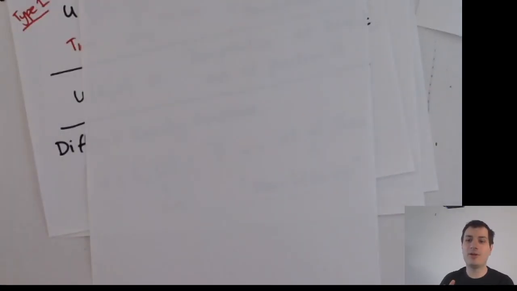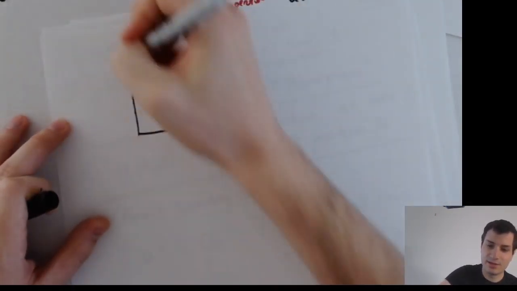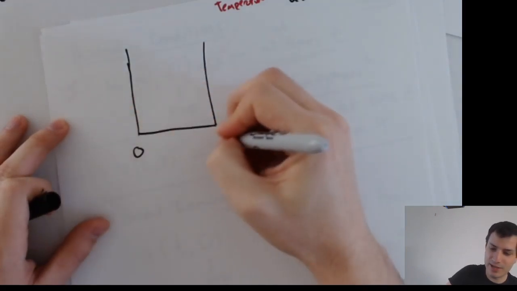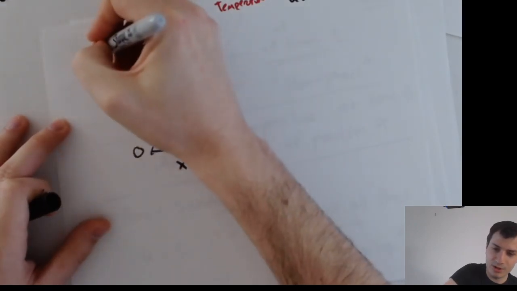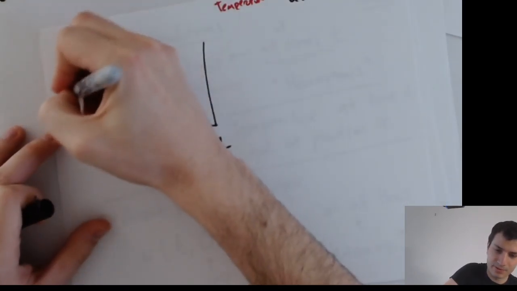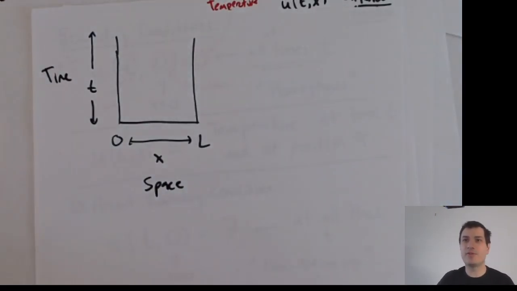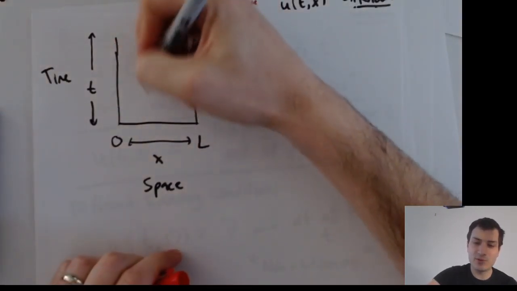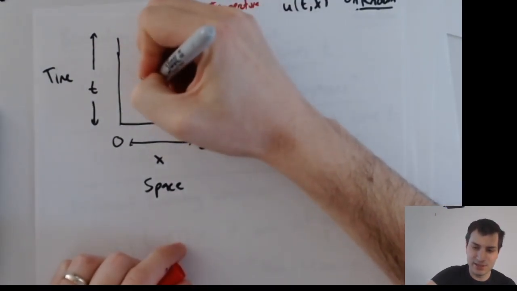If you want to think about the possible places we're solving, we're solving in a domain like this. We have from 0 to L in x, and we have all possible times. This is time t. So this is time and space. This represents the domain that we're solving for. We want to solve for u(t, x) in here.